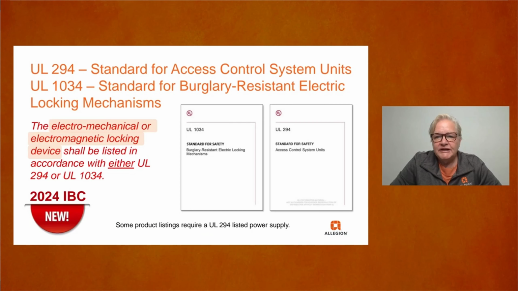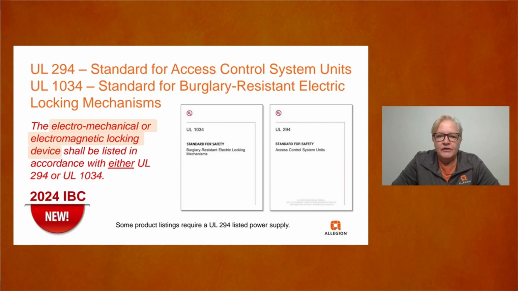In the 2024 edition of the International Building Code and the International Fire Code, or the I codes, this language has been updated in all of the sections that previously referenced UL 294. These sections now specifically mention the locking device. It says the electromechanical or electromagnetic locking device. That clarifies that the listings don't apply to every component, because it's specifically saying the locks.